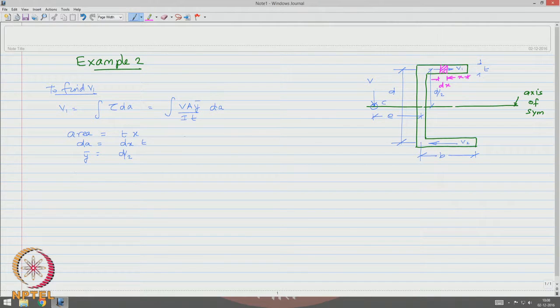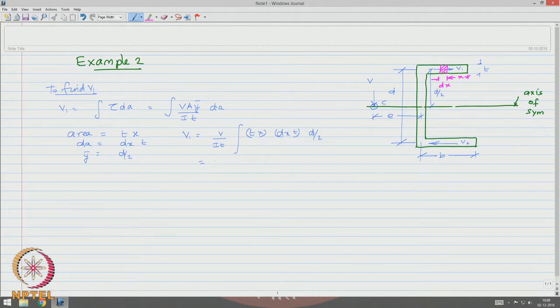So, therefore, now V 1 is V by I t integral dx t into d by 2, A y bar.